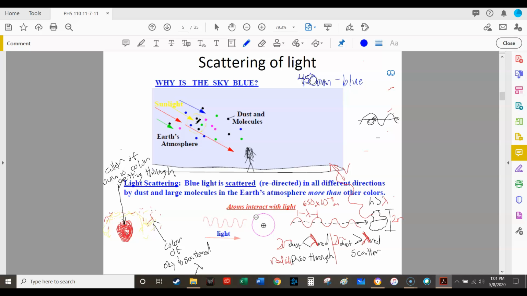Even the smallest dust particles, and actually a lot of ice particles, are bigger than the size of blue. So if you see the sky as blue, that means what is being scattered the most is that wavelength. Blue is smaller than the average size of the particles in the sky at that point in time, right? So that's why you see blue being scattered the most. It's the smallest of all the wavelengths.